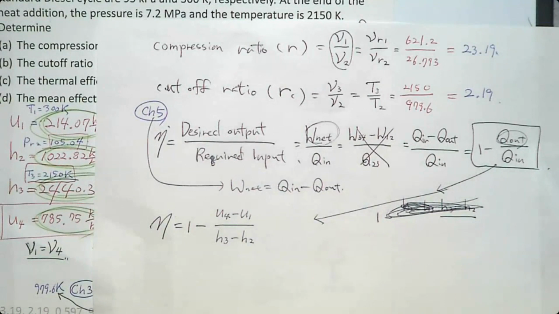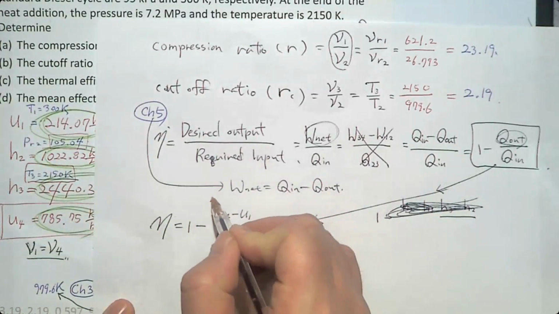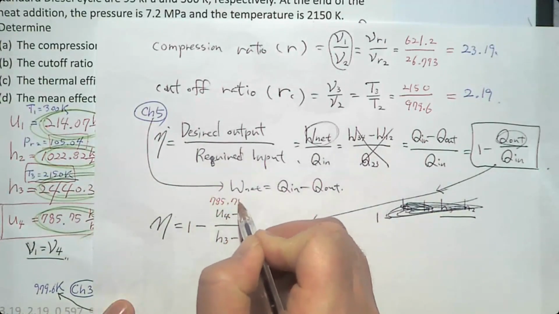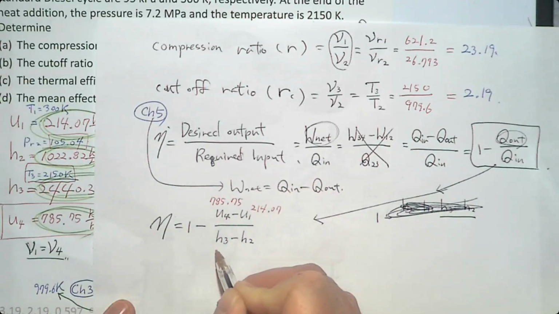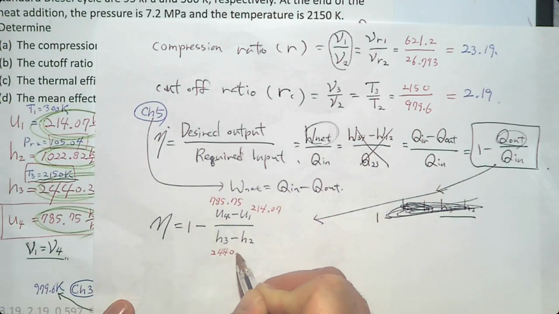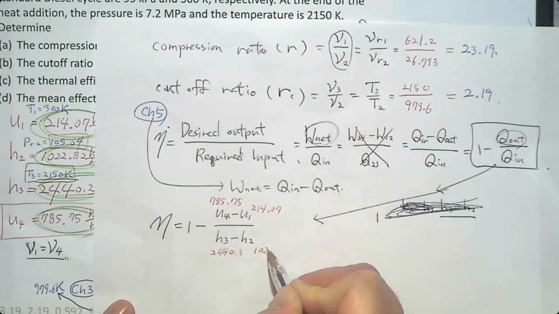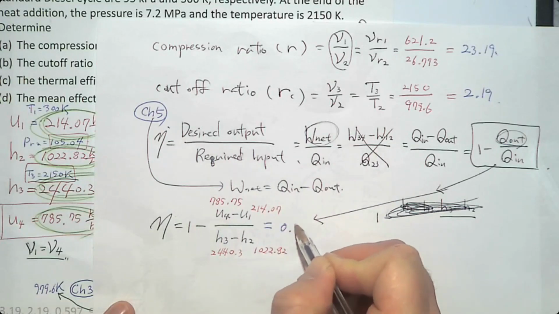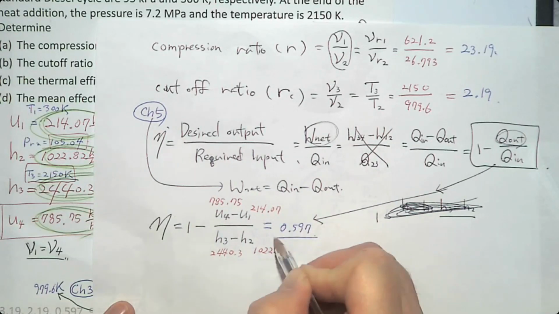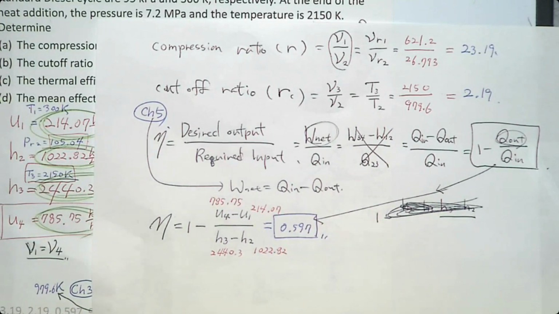So let me just write it here. 785.75, 214.07, 2440.3, 1022.82. So we have everything. You can determine the thermal efficiency, which is 0.597, approximately 60%, which is very high because we have a high compression ratio.